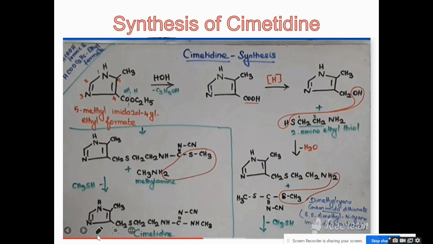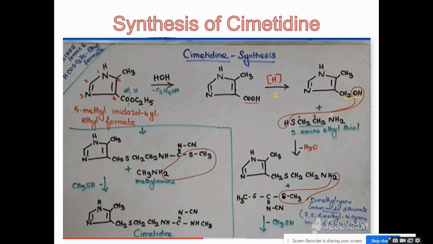Now in the second step we will see the reduction. The second step, there will be the reduction reaction. If the reduction takes place, the hydrogen is attached with the carbon, we will get an ethanol group CH2OH. Again, this intermediate 2 reacts with 2 amino ethyl thiol group.